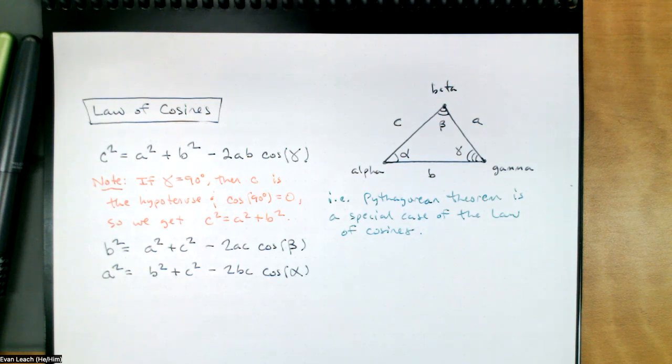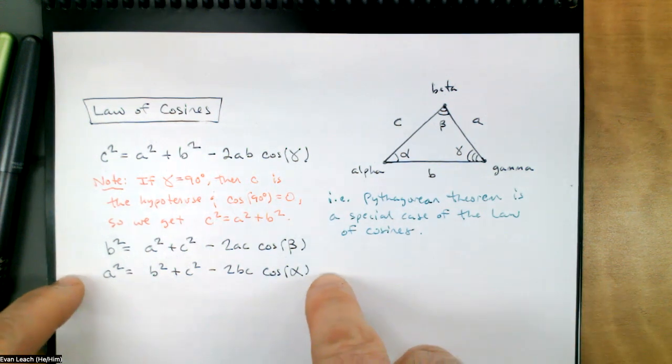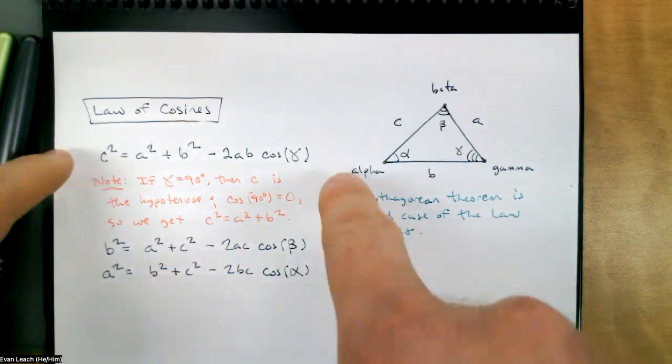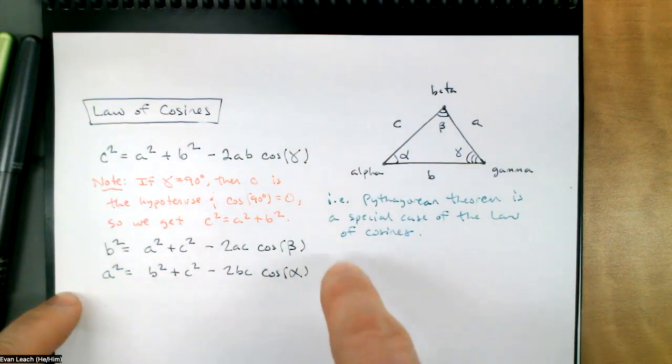So we can use the law of cosines to figure out one piece of our opposing pair. Notice that there's three versions for each of the three opposing pairs: C and gamma, B and beta, A and alpha.